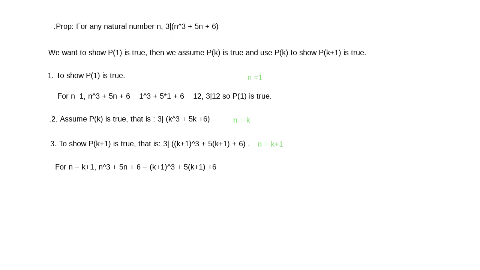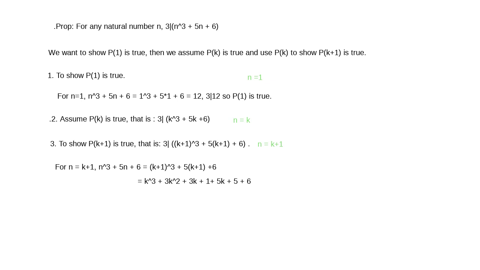So we get k cubed plus 3k squared plus 3k plus 1, which is the expansion of (k plus 1) cubed. Then plus 5 times k plus 1, that's 5k plus 5.